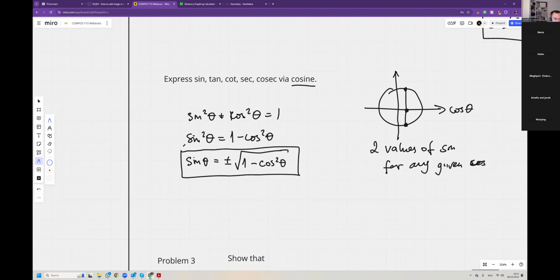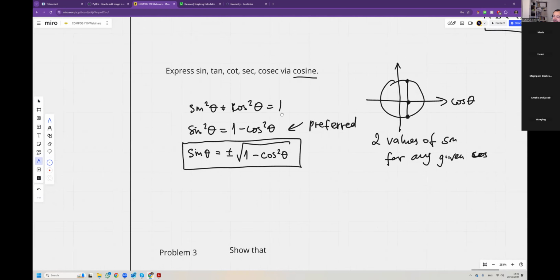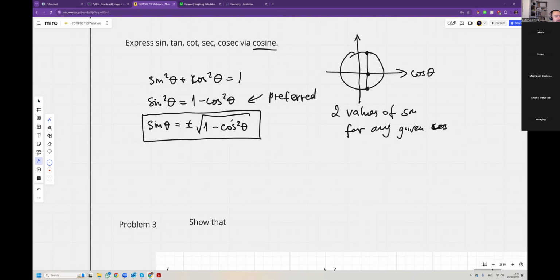So sine theta is plus or minus the square root, but this is preferred. I'll get there. I won't get to cosec. Cheyenne, thank you for asking. Tan theta. Well, we already know that tan is sine theta over cos theta, but our task is to express it via cosine.